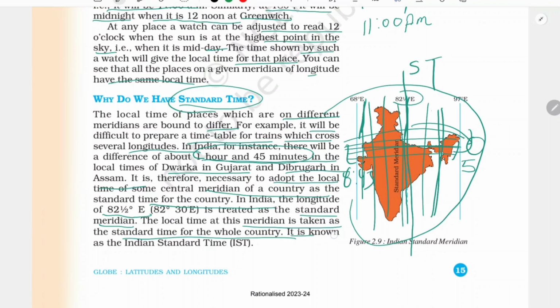It is known as the Indian Standard Time, IST. So from 80 to 82.5 degrees east longitude, we have taken it as the standard time, and it is the time of the whole of our country. I hope you have understood.